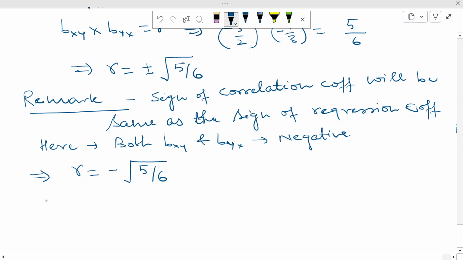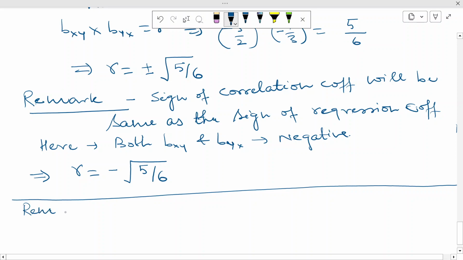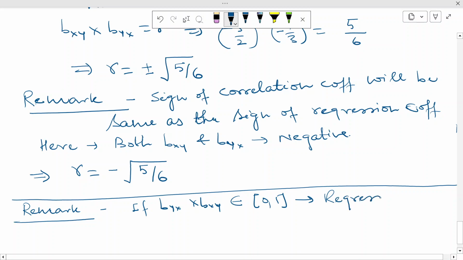So this is how we can deal with the problems where we are given the equations of lines, and we have to check whether the given lines are regression lines or not. Here we have to make a remark that if the product of byx and bxy belongs to this range, then we normally have the lines as regression lines.